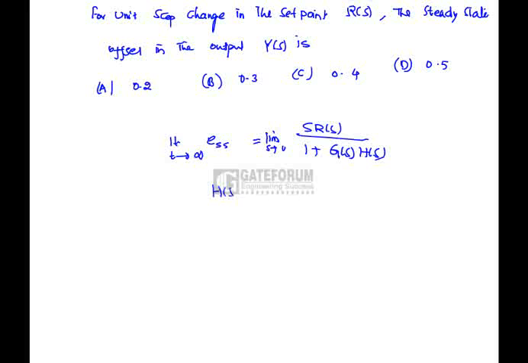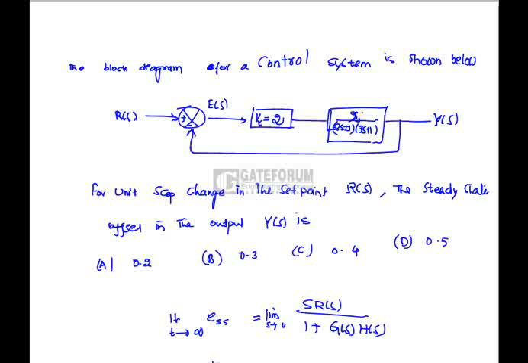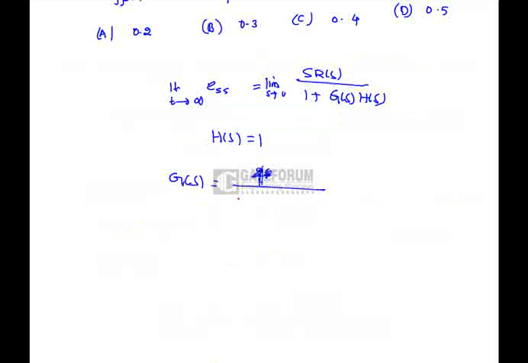Here h of s is 1, and the open loop transfer function g of s is 4 by (2s plus 1)(3s plus 1). Here r of s is 1 by s.